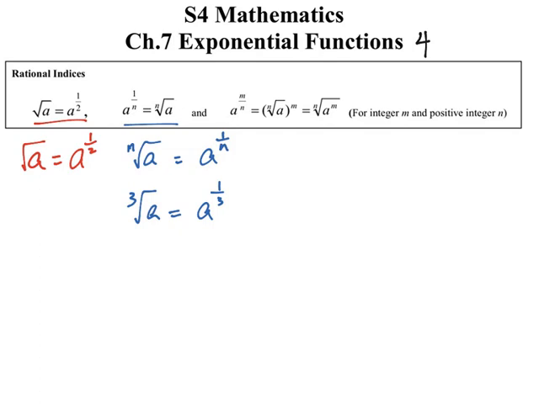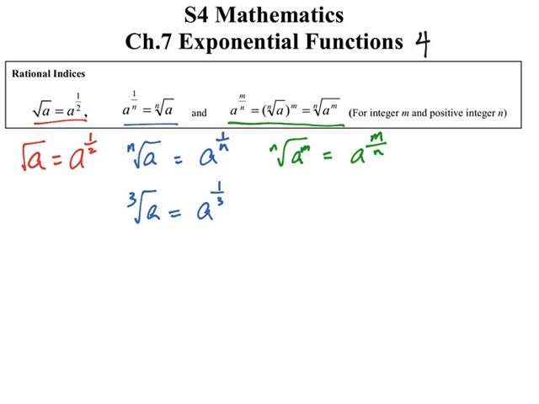The last one, if a to the power m, nth root, it will become a to the power m over n, because the root index is outside, so it becomes a fraction, a to the power m over n.